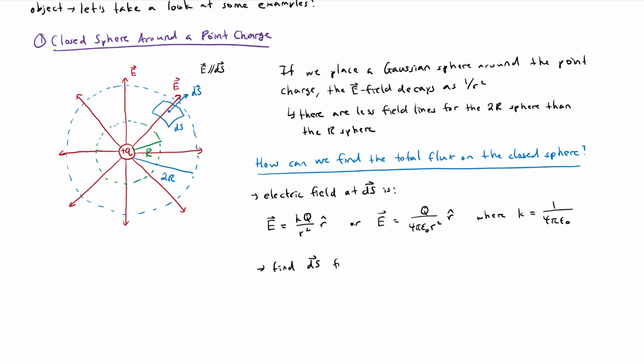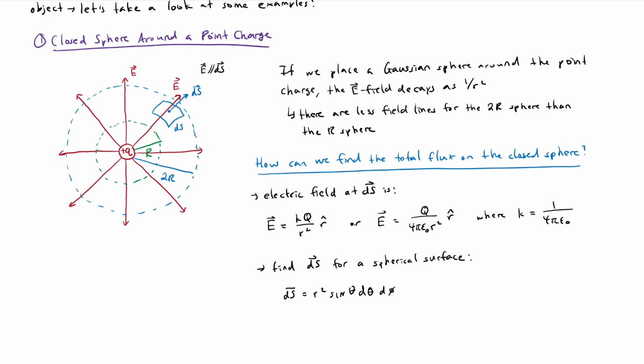for a spherical surface. And we've worked with cylindrical and spherical coordinates already. We know that for spherical coordinates, dS is going to be equal to r squared sine theta d theta d phi.